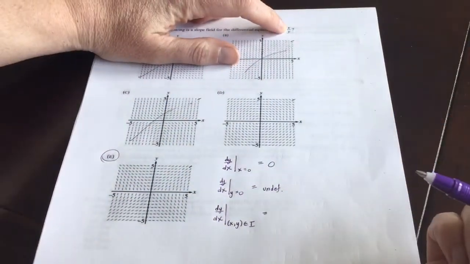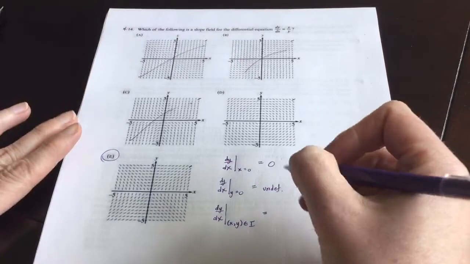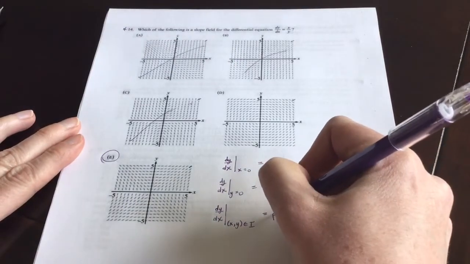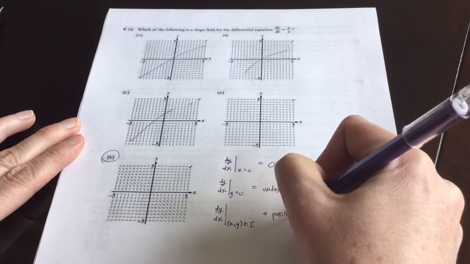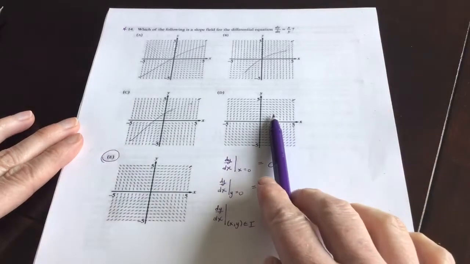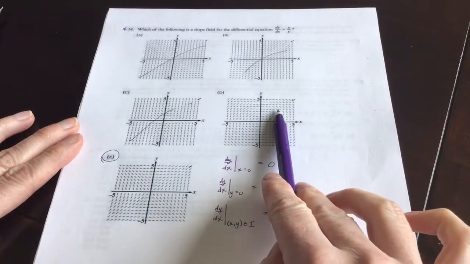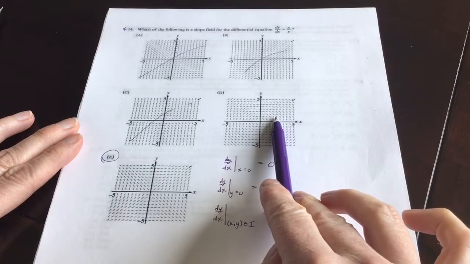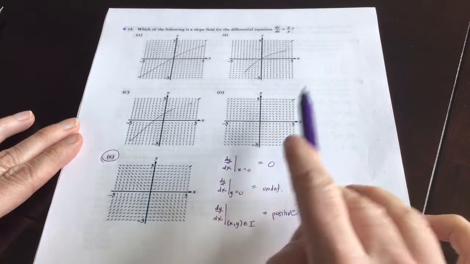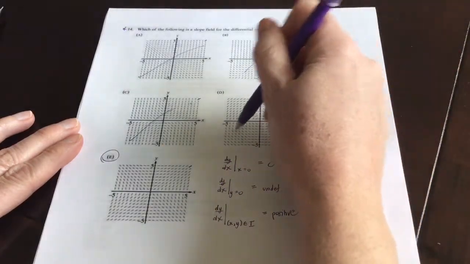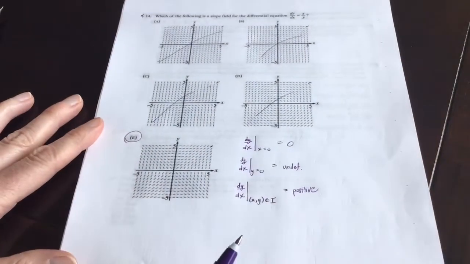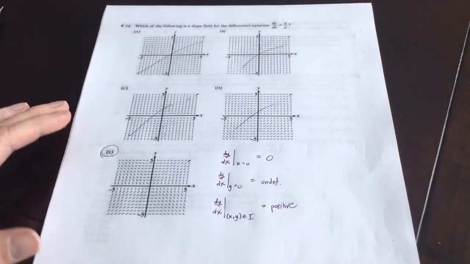So if you put positive numbers into your derivative function, then your derivative would be positive. And in that sense, you could rule D out because you can see the little slopes of these little marks are negative in quadrant 1. So you could rule D out, and then you'd have option E left. Hope this helps.